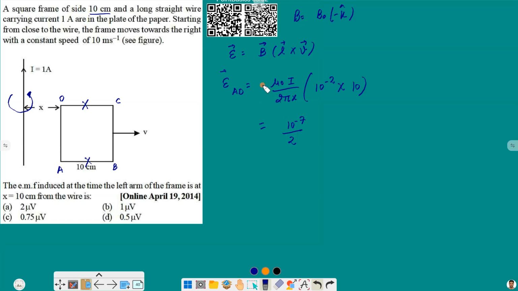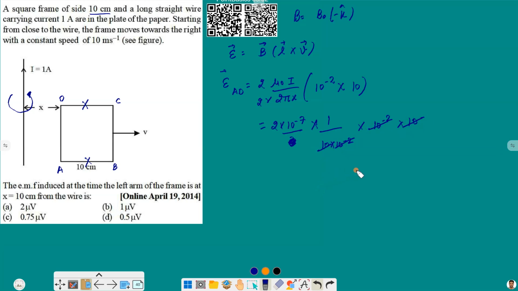So it will be 2 into 10 raised to power minus 7 into current, that is 1 ampere, divided by the distance. x is 10 centimeters, so 10 into 10 raised to power minus 2, into length 10 raised to power minus 2, into velocity 10. So these all get cancelled.